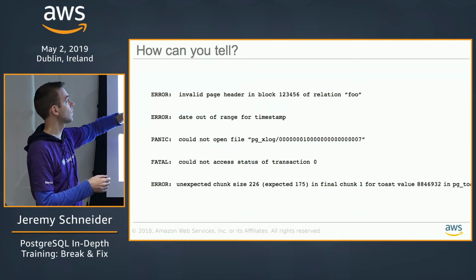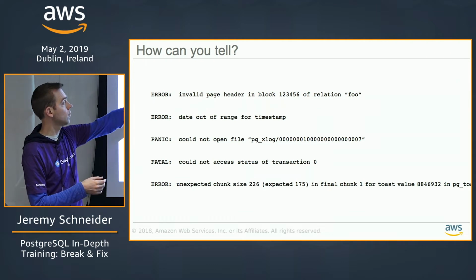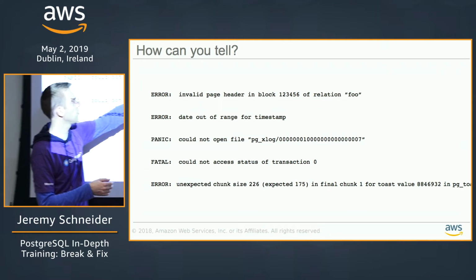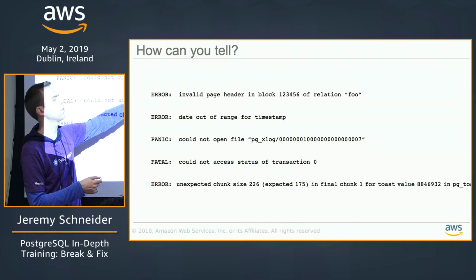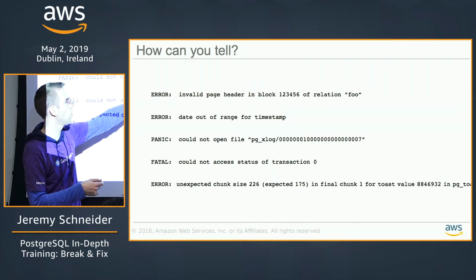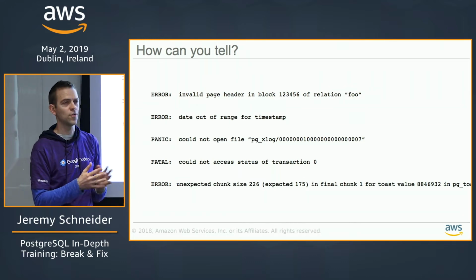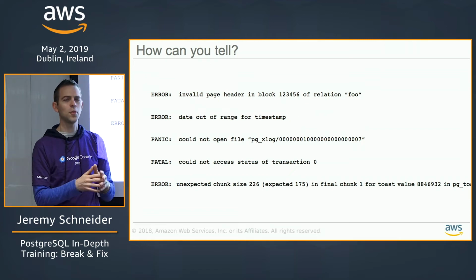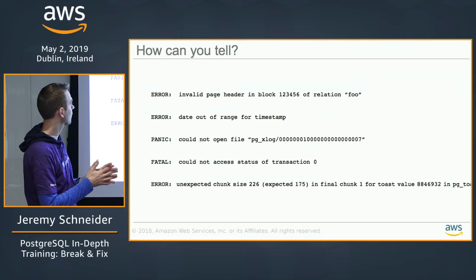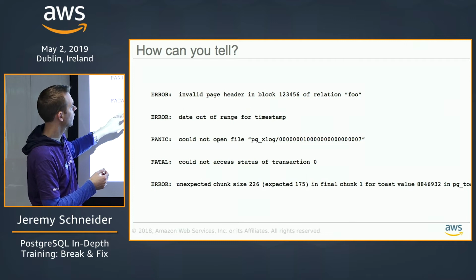Other things like this timestamp error, the pg_xlog, that's old. That now should say pg_wal. Starting in version 10, they renamed xlog to wal, because it's a little bit more clear what it is. Could not access the status of transaction 0. That would be tied to transaction logs.